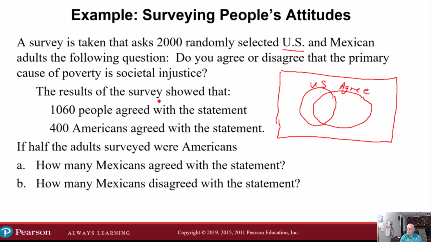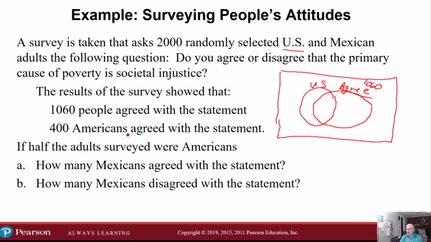The results of the survey show that 1,060 people agreed with the statement. So in this circle right here, the agree circle, it's got 1,060, but that's two regions, 1,060 together.